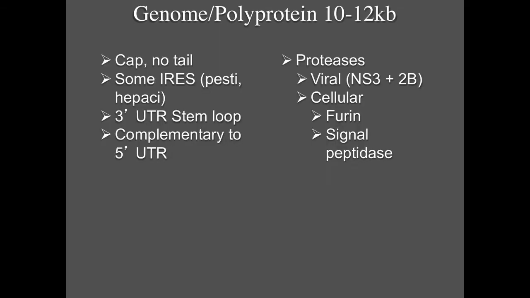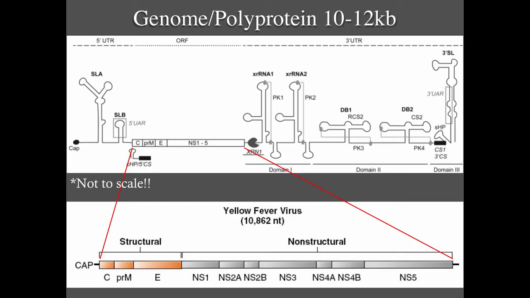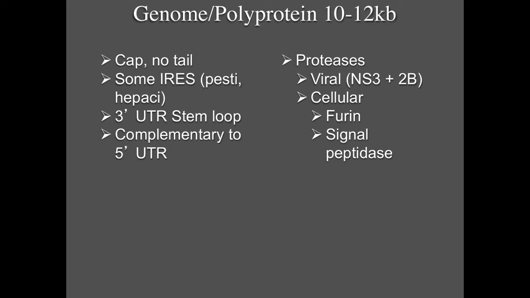There is actually a fair amount of structure in both the 5' and the 3' ends of this genome, which is still not, I think, completely defined, but a lot of these structures are required for proper replication of the viral RNA. Then further, as I said, you translate a single viral polyprotein, which is cleaved by different enzymes into 10 functional subunits.